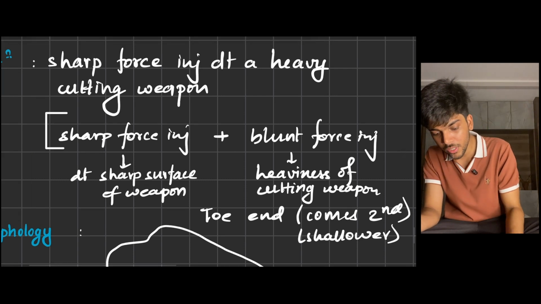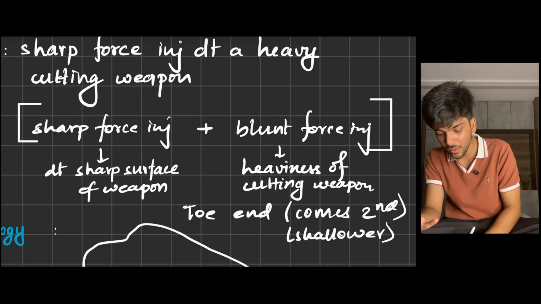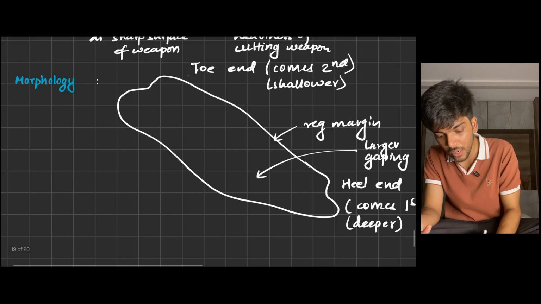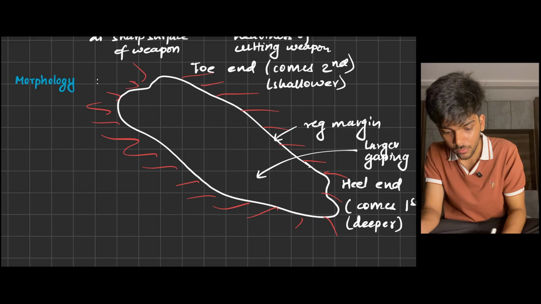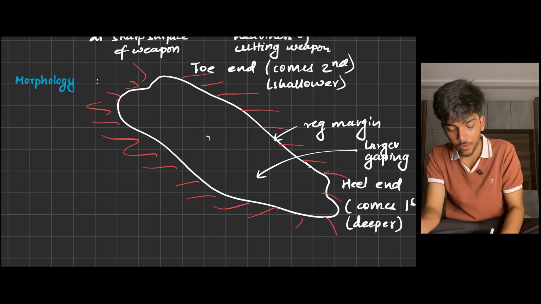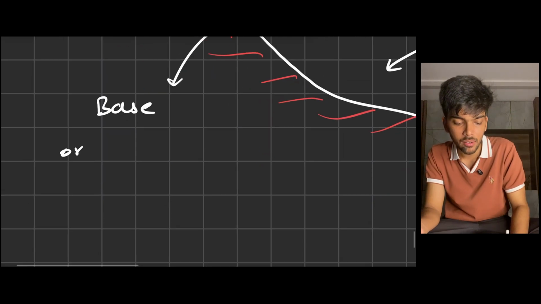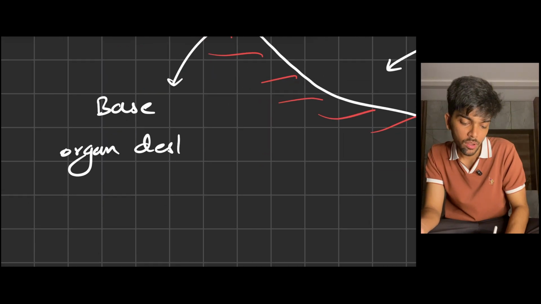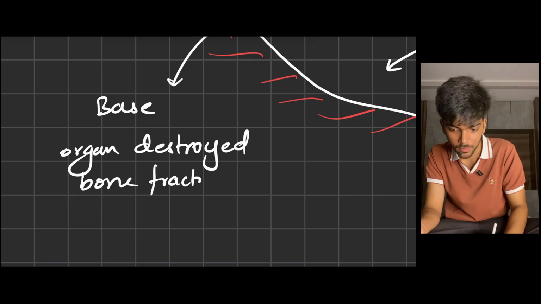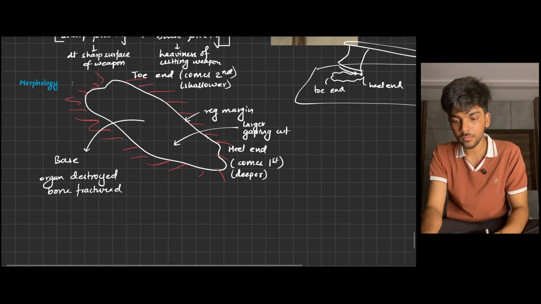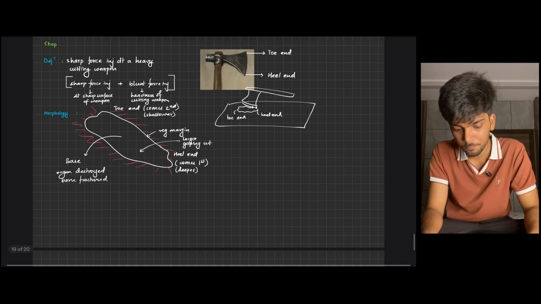Due to the sharp force injury, you get the large cut, and due to the blunt force injury, you get bruising all around. Also, if you look at the base, it contains an organ that is destroyed or bone that is fractured. And with that, you are done with chop as well.